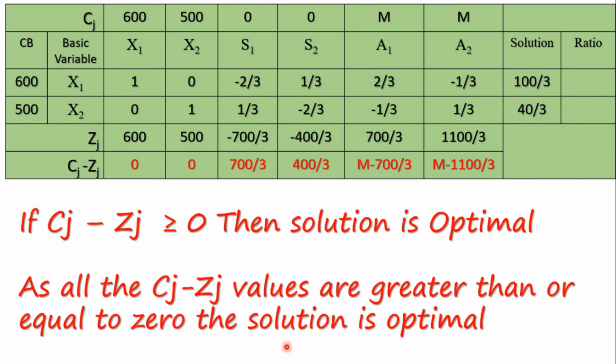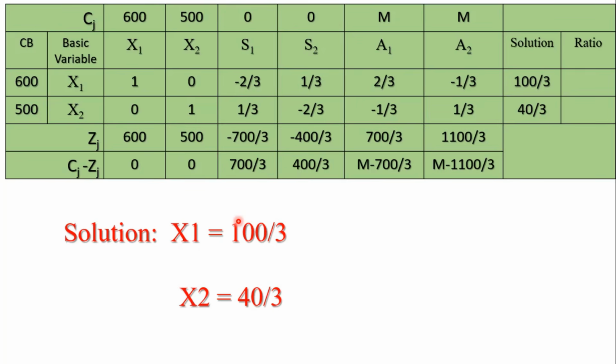Next, we are going to find whether the solution is optimal or not. To do this, we need to check Cj minus Zj. All values should be greater than or equal to 0. In this case, as all the Cj minus Zj values are greater than or equal to 0, the solution is optimal. X1 is 100 by 3 and X2 is 40 by 3.